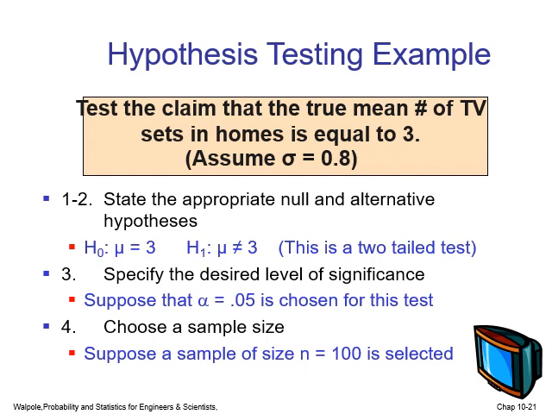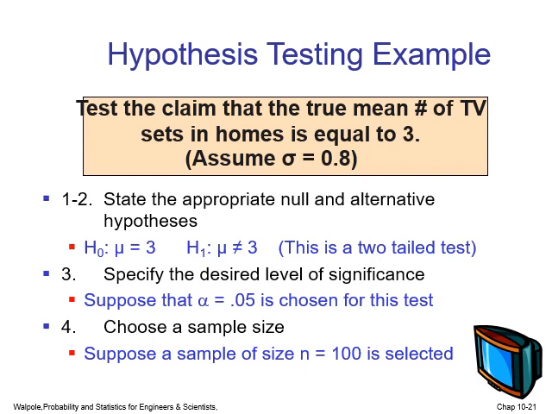The H0, or null hypothesis, is that the mean equals 3, and the alternative hypothesis is that the mean is not equal to 3. This is a two-tailed test.